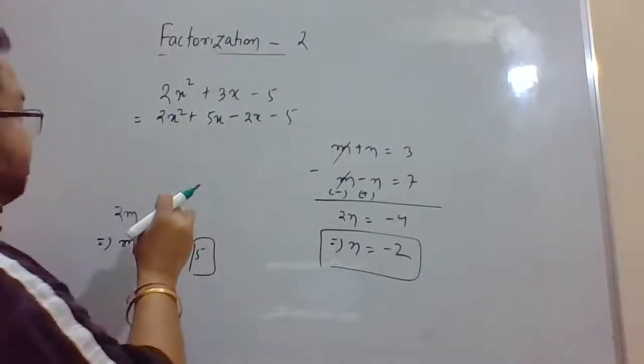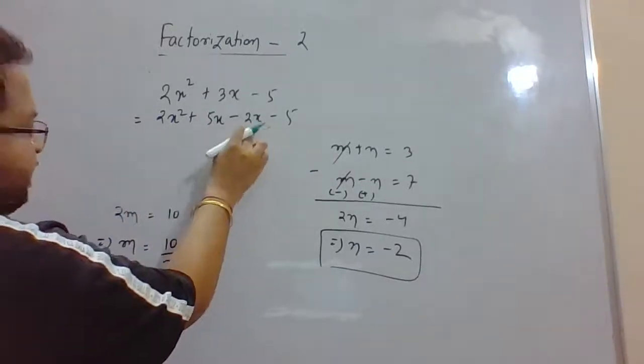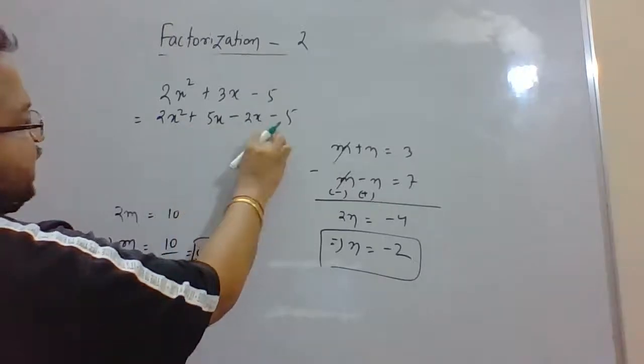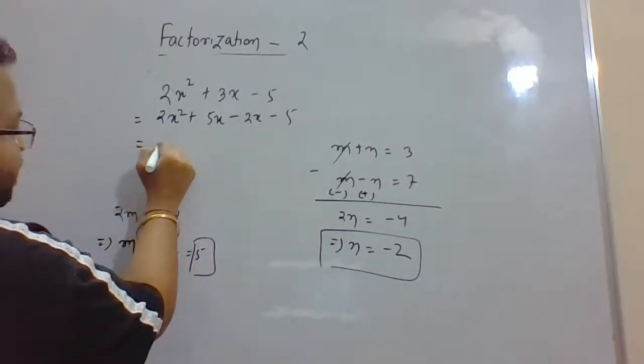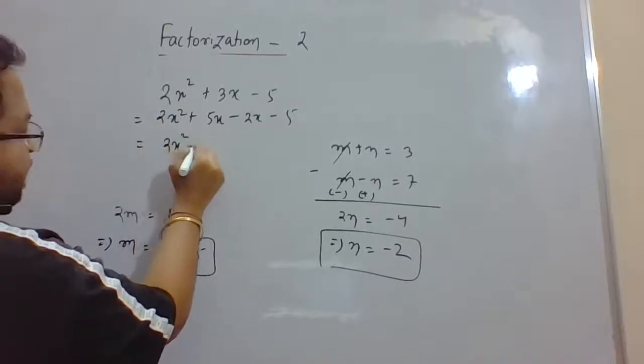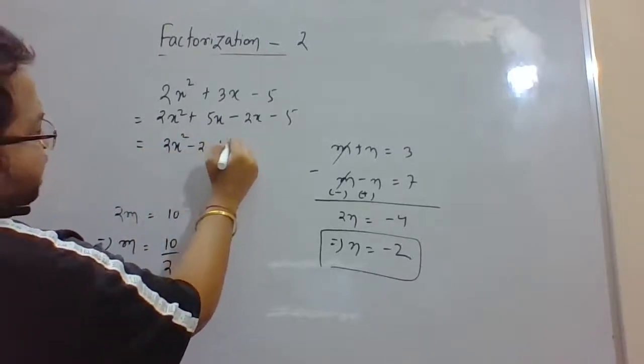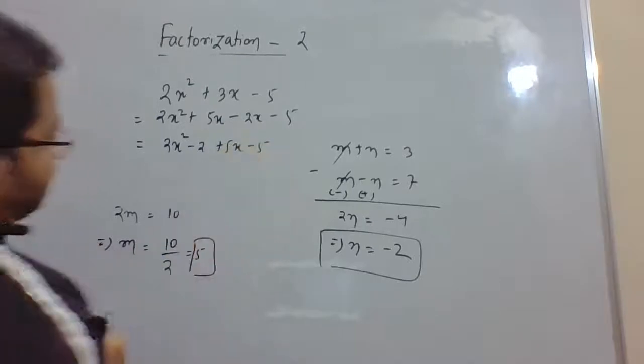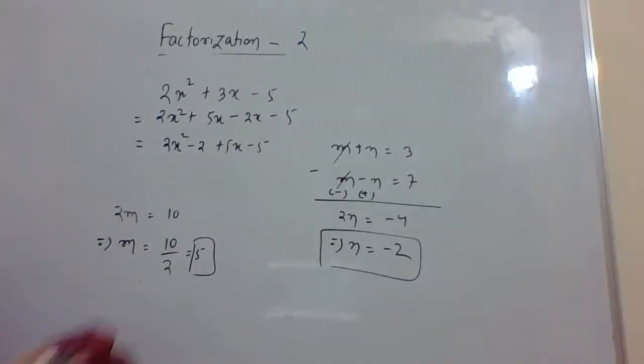So again, arrange them in pairs. If I bring this 2x to this side and take 5x to this side, it becomes more meaningful. So I can rewrite this as 2x squared minus 2x plus 5x minus 5. Now what would be the common factor?